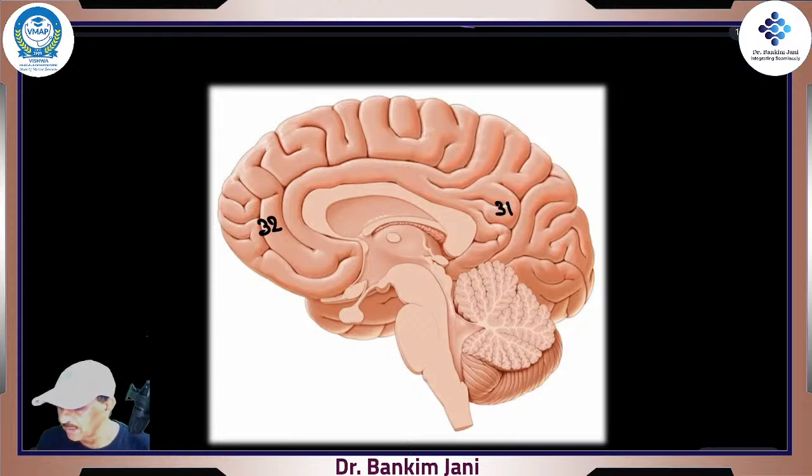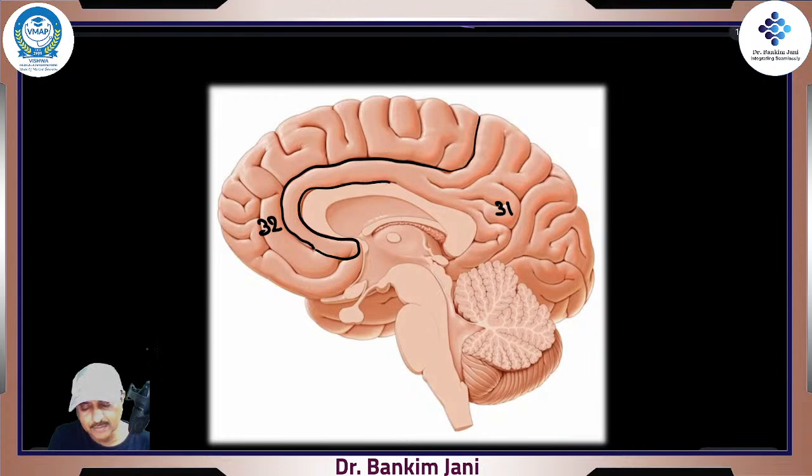Let's demarcate the border of this entire cingulate area. From the marginal sulcus, here it starts. This is the cingulate sulcus, which takes a turn all the way. Over here it goes back, and this is the area, and it goes like this.